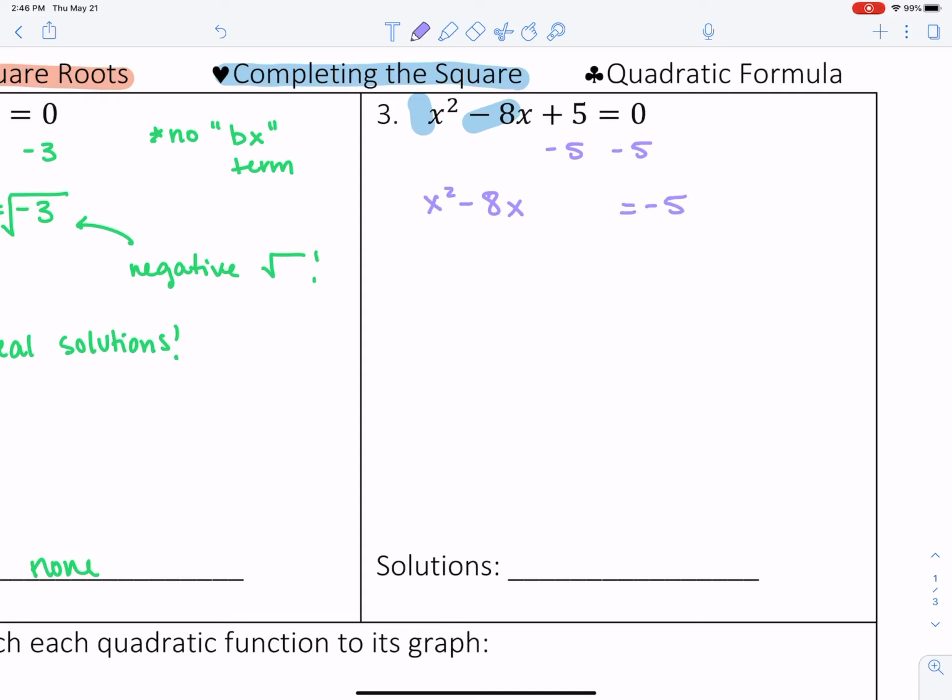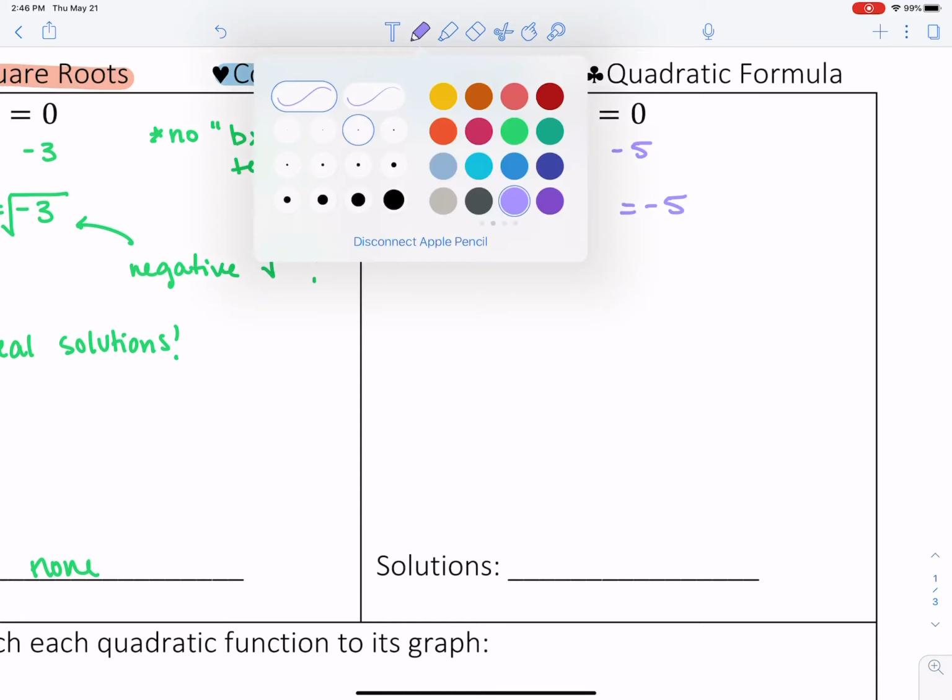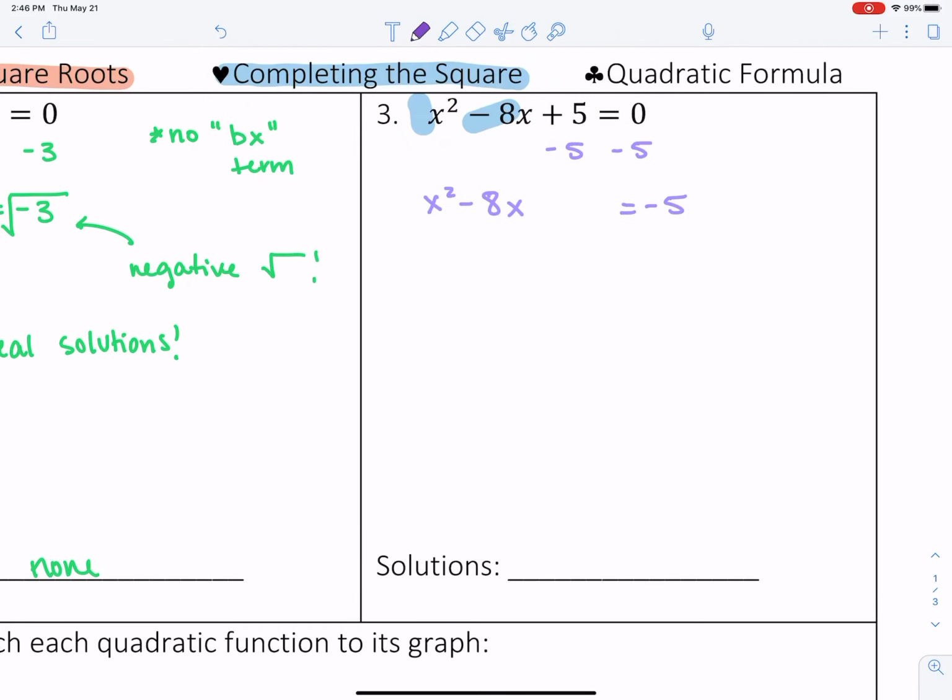So we go ahead, we have x squared minus 8x, leave a space, is equal to negative 5. And now we have to add that certain number, which is negative 8 over 2 squared.